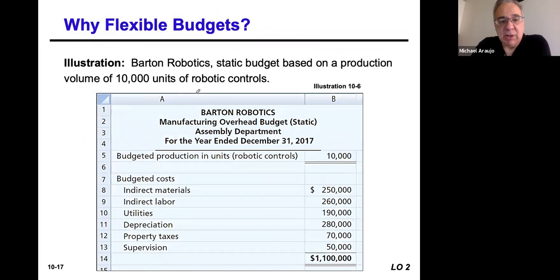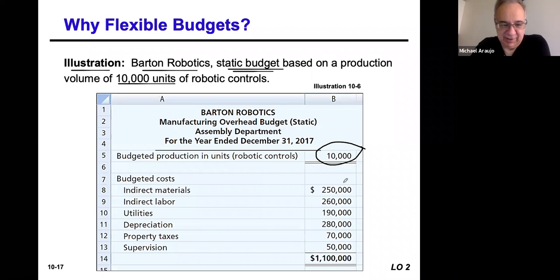Okay, so let's start off with an illustration for Barton Robotics. This is a static budget report based on 10,000 units and only 10,000 units. Because that's what static budgets do, only one level of activity, right?